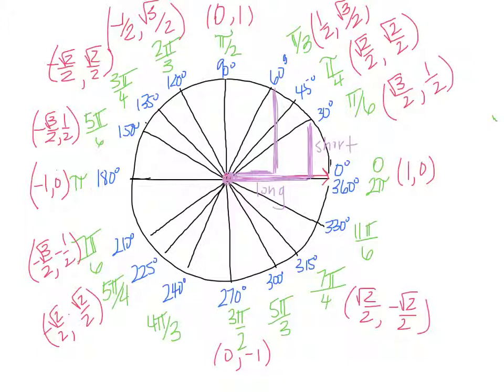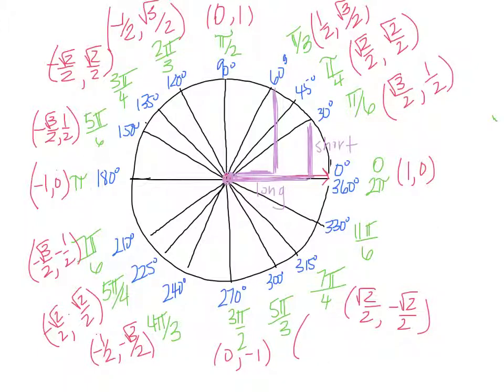All right, 240 degrees. Is that going to be the same as 30 or 60? 60. Both negative. So it'll be negative 1/2, negative square root 3 over 2. All right, 300 degrees would be the same as 60, except the y is going to be negative.